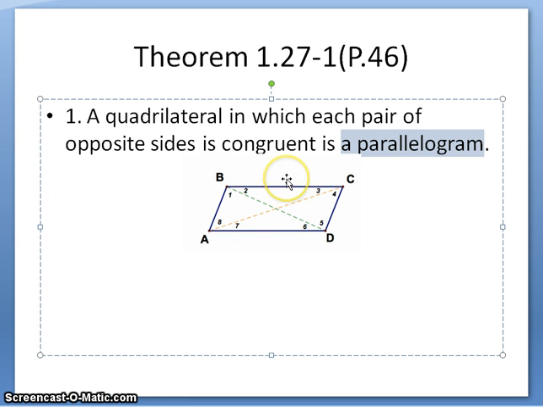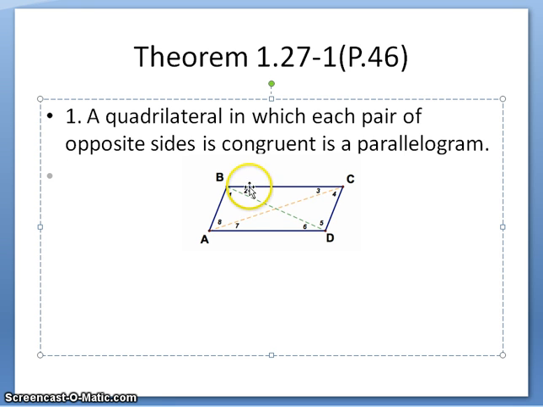Opposite sides are parallel. So the hint is, as shown in the picture, we can draw a diagonal BD, and show these two triangles are congruent. And by theorem 1.20, if we want to show two lines are parallel, we can show that a pair of alternate interior angles is congruent.